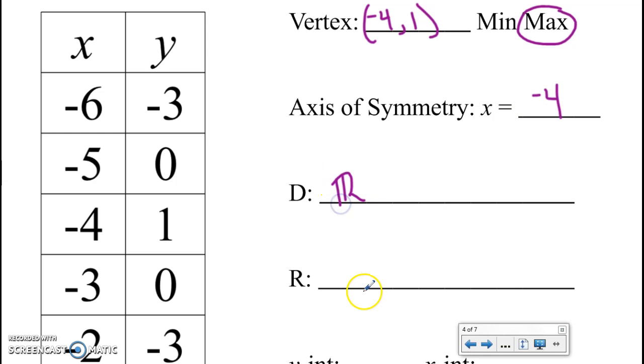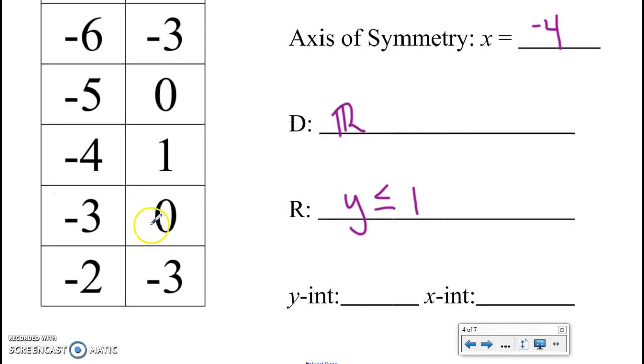Domain is always all real numbers. And then my range is going to be y, and then the y value for my vertex, so we're going to use this 1 from up here. And since everything is smaller than this vertex, okay, so everything is smaller than my y value here, we have a less than or equal to sign.